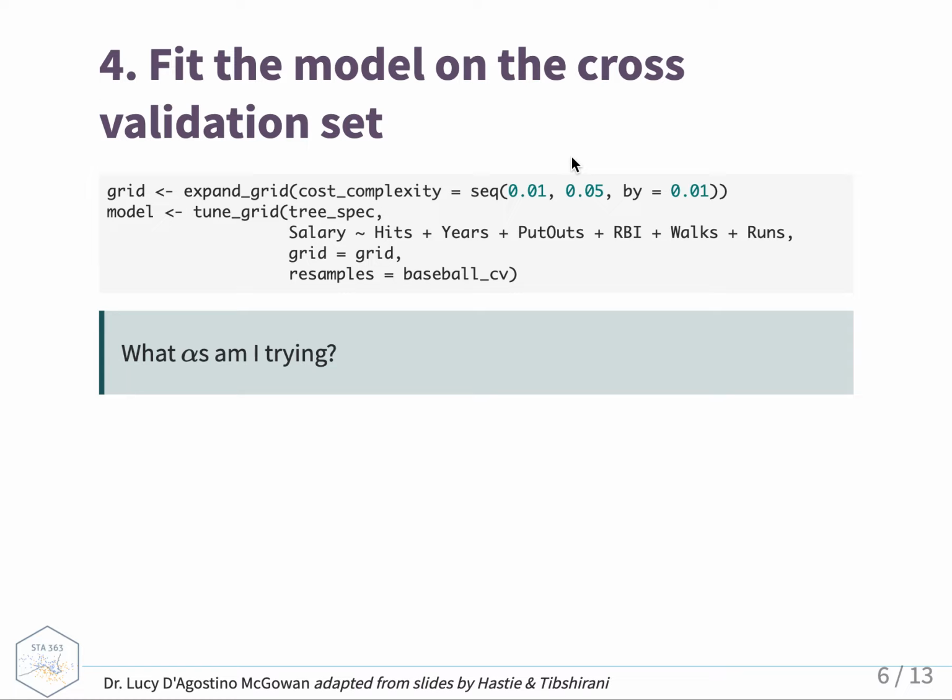And if it looks like I can narrow my search, so for example, if it looks like most of the ones above a certain number are all getting the same answer, but there's some nuance where the minimum is, I might zoom in more. For example, I may have sequenced from 0.1 all the way up to like 100, and everything above 0.5 looked like it was getting really similar root mean square error.